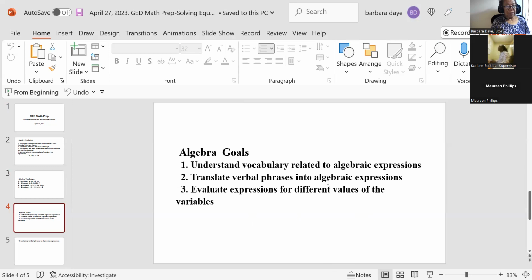And we want to translate verbal phrases into algebraic expressions. And we want to evaluate expressions for different values of the variable. In other words, if I give you numbers for the variable, you can take those numbers and plug them in the expression and tell me what they will be after you put the values in.